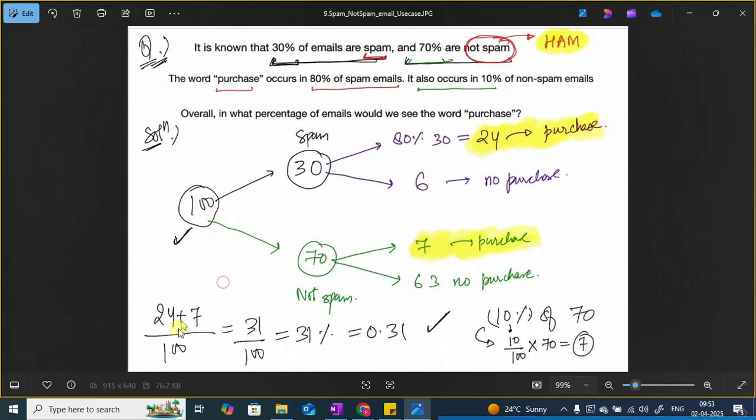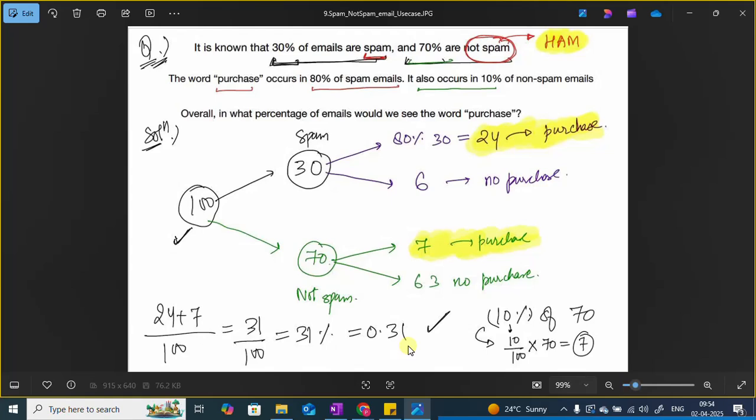Same thing here: 24 mails contain purchase, here 7 mails contain purchase, 24 plus 7 is 31. Out of 100 that is 31 percent, or as a probability, 0.31. Clear, guys? Any doubt so far?